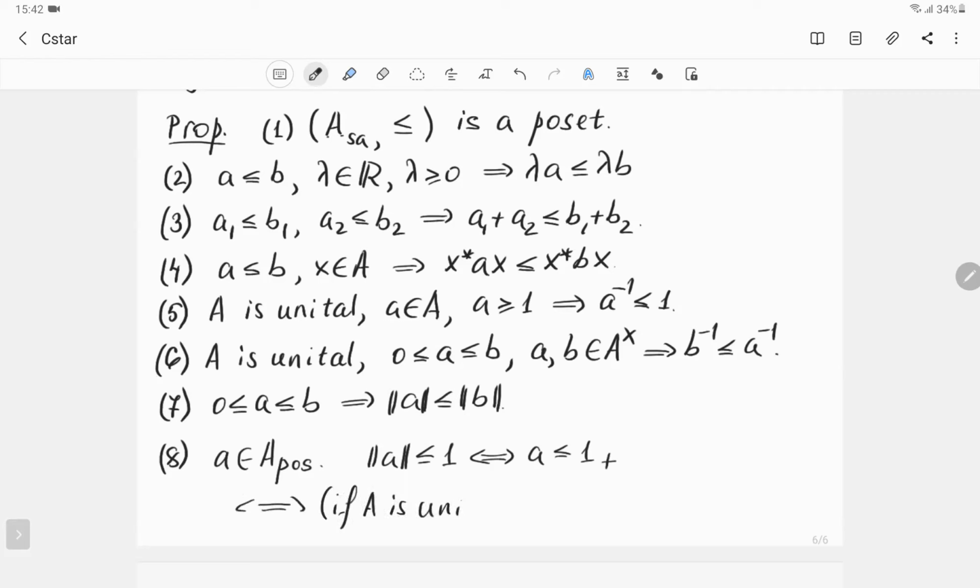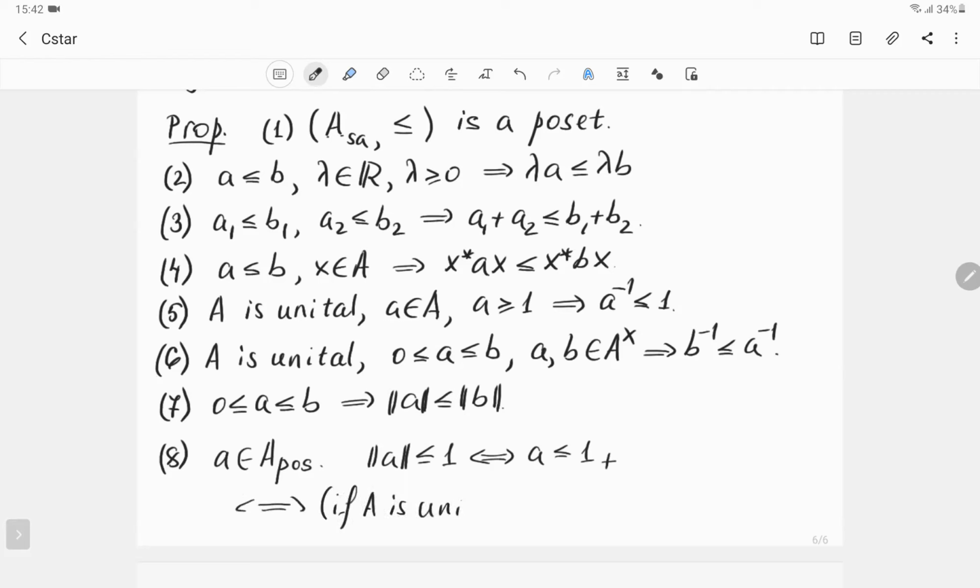Okay, so these are the basic properties of our order relation on the self-adjoint elements. The proof is indeed shorter than the statement. Let's look at properties 1, 2, and 3. Let's observe that 1, 2, and 3 follow from the respective properties of the set of positive elements.